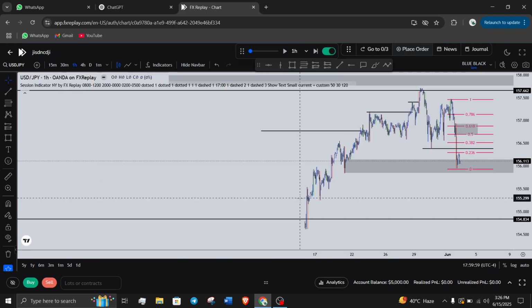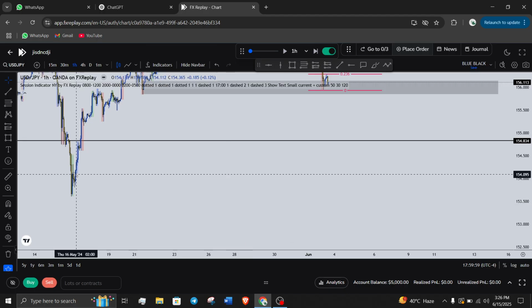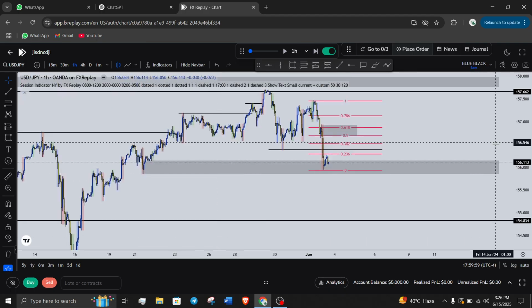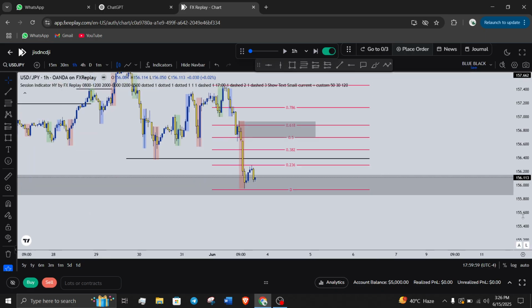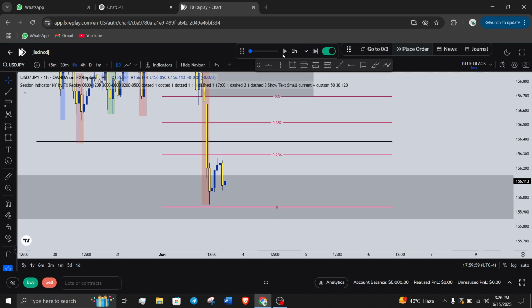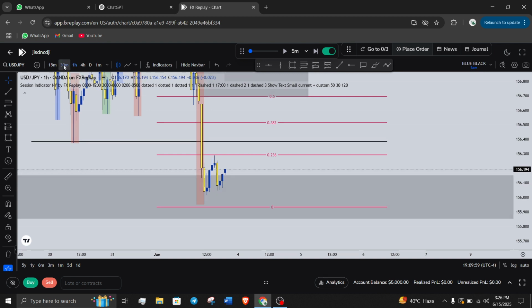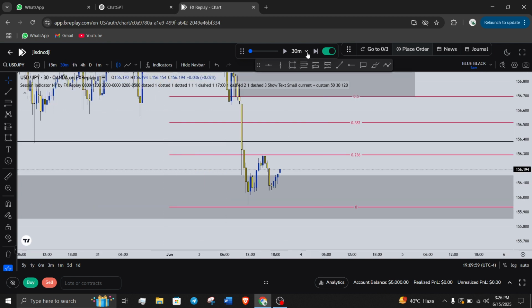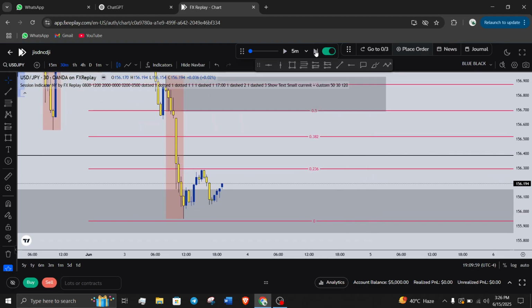And if we target the low zone on this time frame, it will be about at 153. With the 30, yep, we are consolidating in this zone.